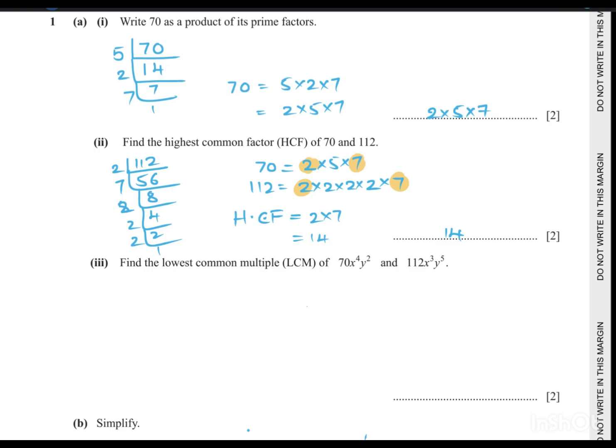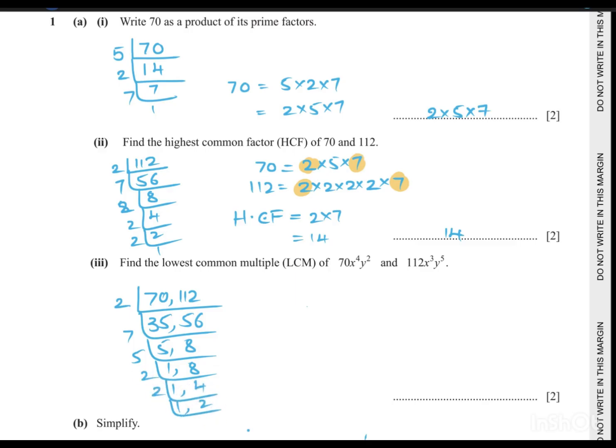So for 70 and 112, the LCM, you can do the LCM form like this: 70 and 112. Find the LCM of this.